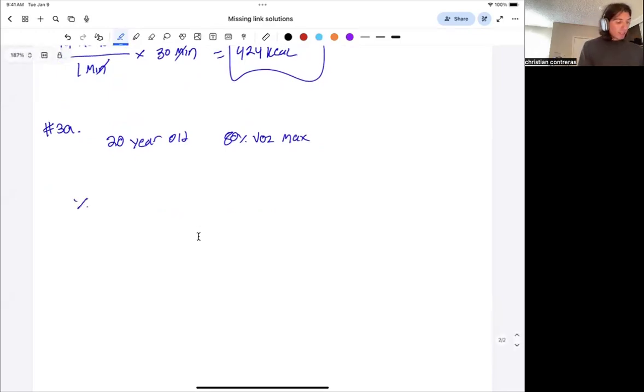So if we know that percent heart rate max is equal to percent VO2, in this case 80, plus 28.12 over 1.28. We plug that into the calculator.